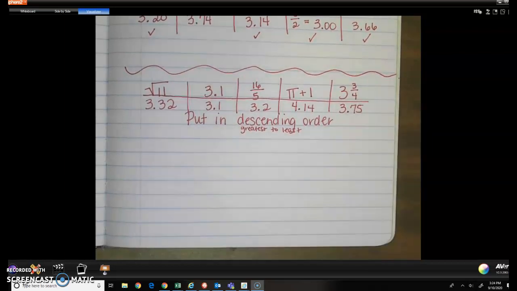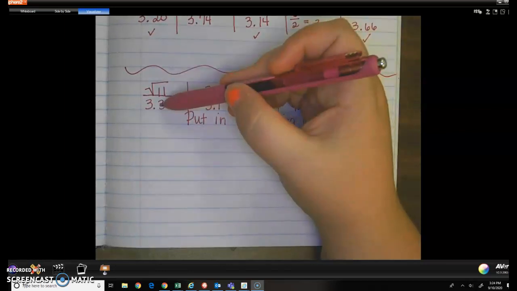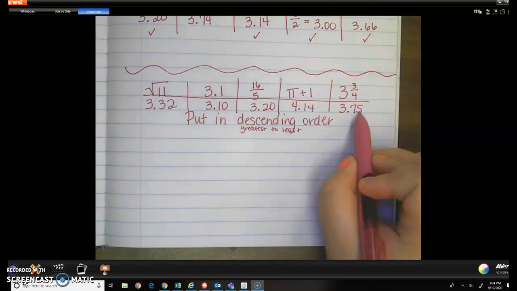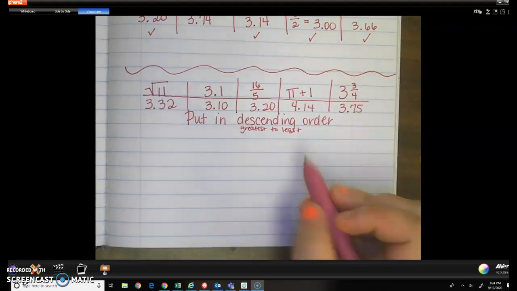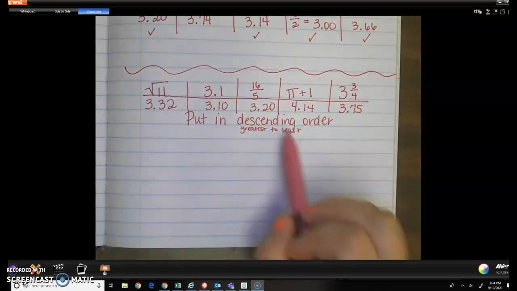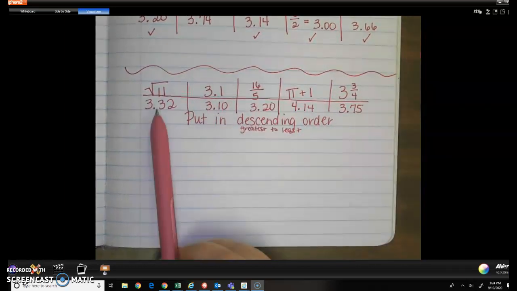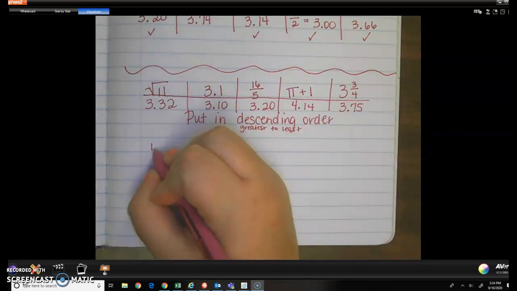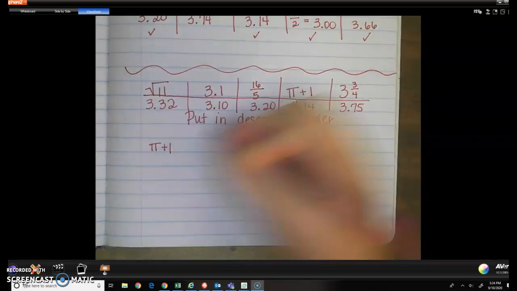So my first step is to change them all to decimals. Second step is make sure they all have the same decimal spots. 2, add a 0, 2, and 2. So put them in order from greatest to least. Sorry. So I'm going to look at it as money. My highest one was pi over 1, so pi plus 1, check mark.